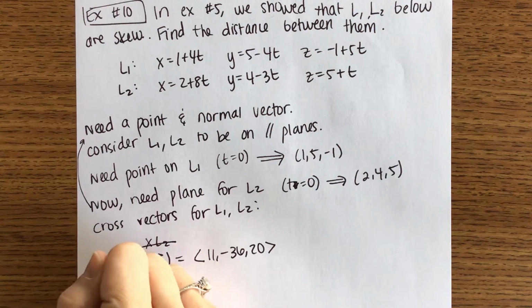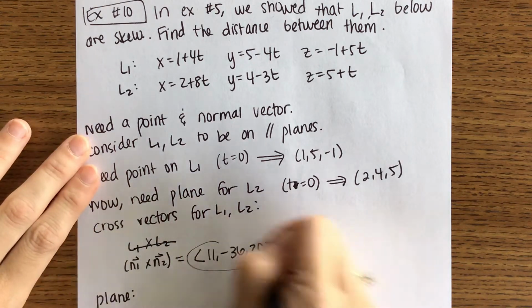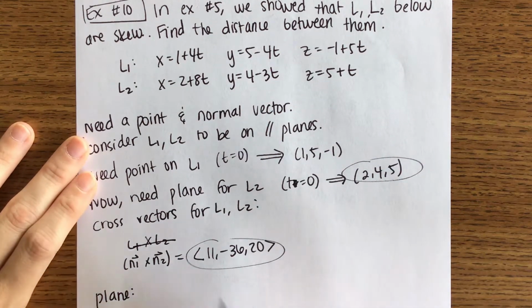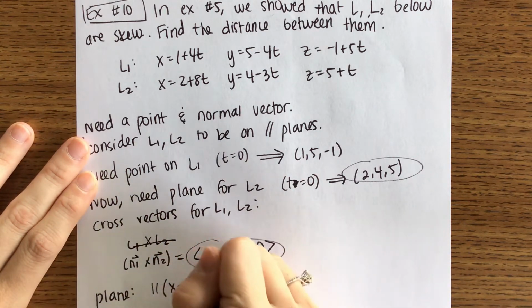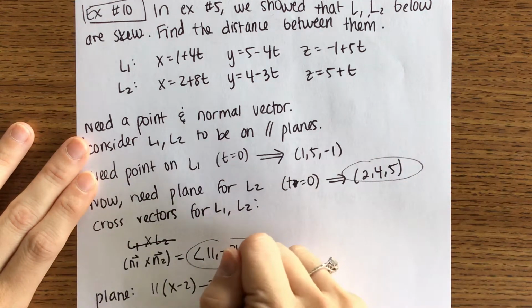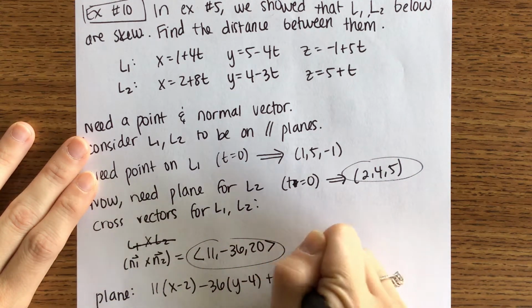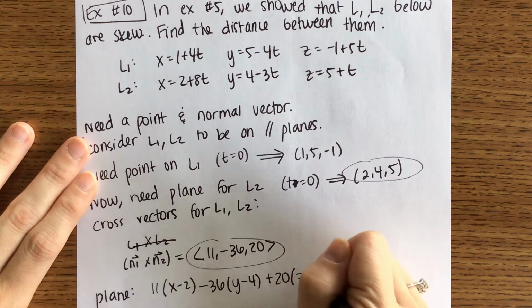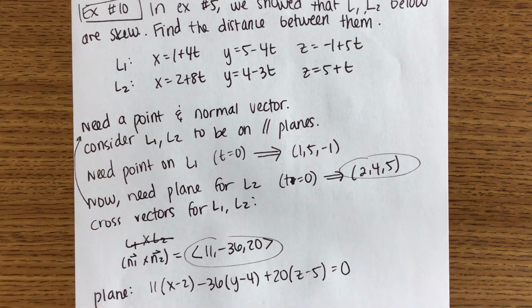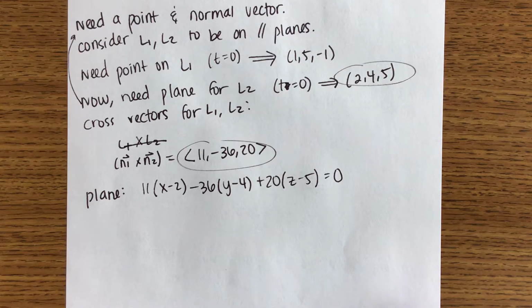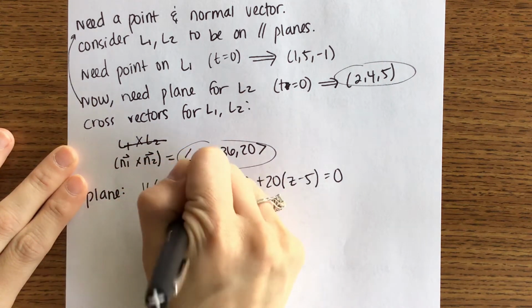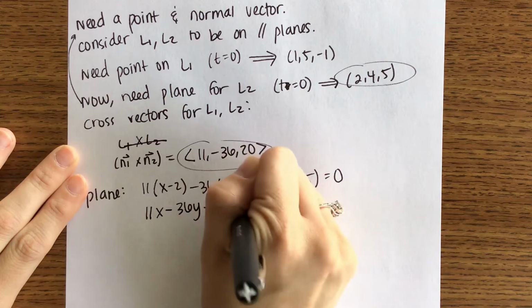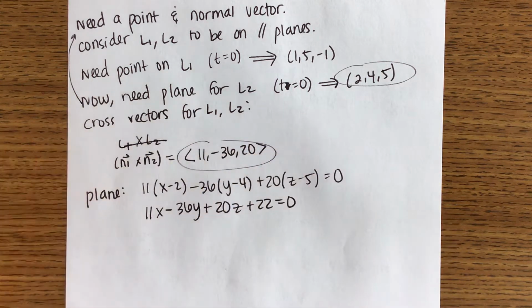So the equation of our plane, using that vector and that point, is 11 times the quantity x minus 2, minus 36 times the quantity y minus 4, add 20 times the quantity z minus 5, all equal to 0. When you multiply all of that out, you get 11x minus 36y, add 20z, add 22 equals 0.